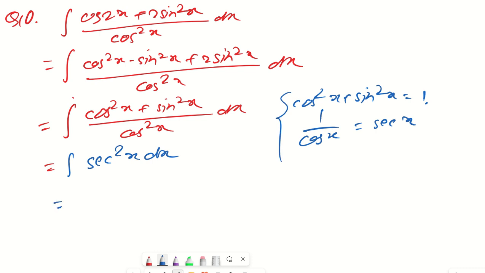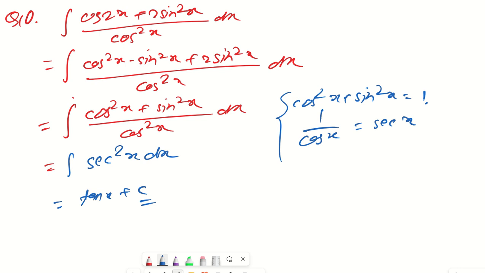Now we have the ready formula: integration of sec square x is tan x plus c. So this is a very simple question. Just simplification is required to solve this kind of question. It becomes very tough when you do not understand how to solve it, but solving this is very easy now.